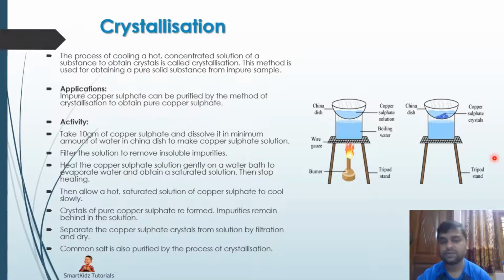Common salt is also purified by the process of crystallization. When we were talking about evaporation, I spoke about local vendors who make salt in the salt pan, and they purely depend on the evaporation process.